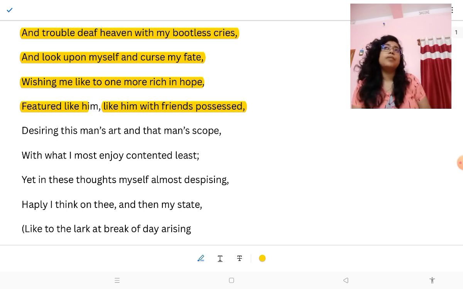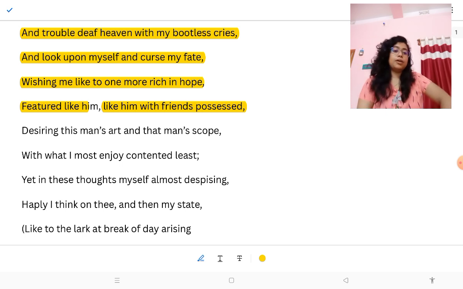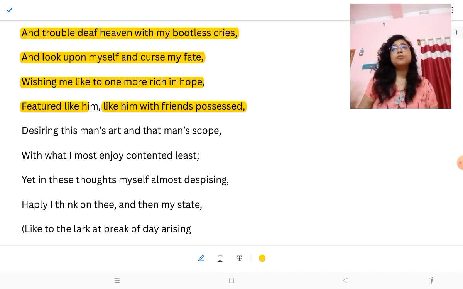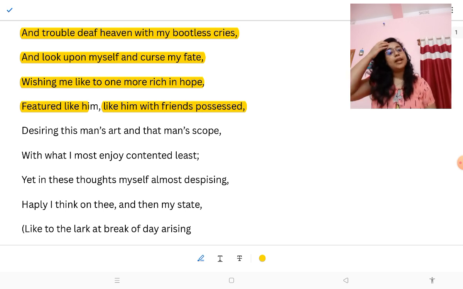So most of the time, we introverts also feel this when we see the Facebook status and WhatsApp status of others, and we think that he is happier than I, she is happier than I. She has her family, she has her group of friends, she can go out with them, and she has a beautiful face, she has a good physique, she is more beautiful than I, she has better clothes than I, she has a good lifestyle.